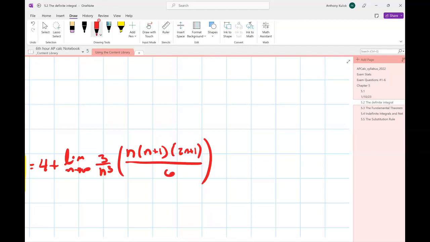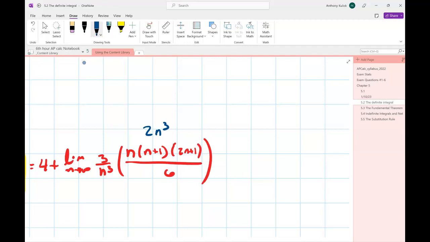Okay. And let's just kind of streamline this limiting process here a little bit now. If I look at the numerator, it's going to be a polynomial, right? What's the leading coefficient or the leading term of that polynomial? Well, it's going to be 2n cubed. Everybody agree?